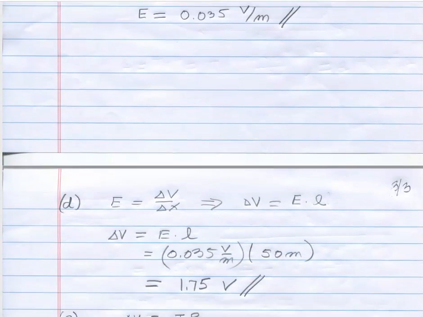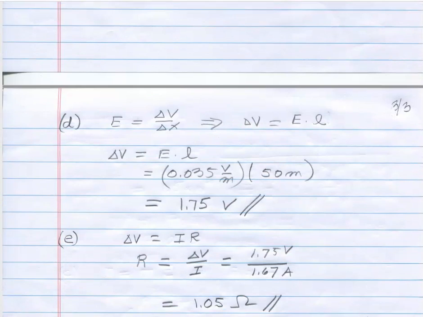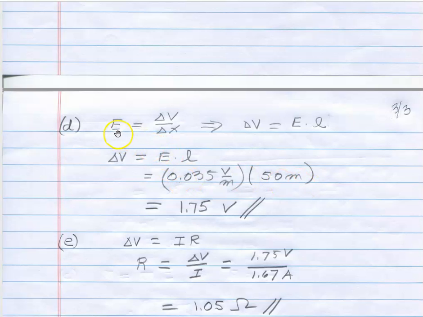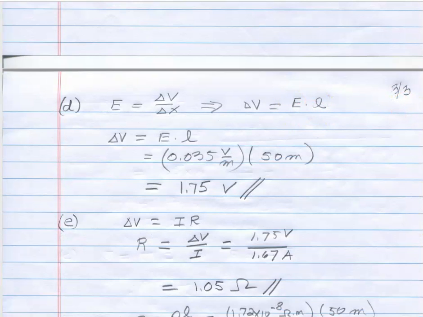Part D was find the electric field, and in magnitude anyway, the electric field is the change in potential over the change in length. Okay? And for us, the length of the wire is L, and I can solve that for delta V. The voltage difference across the distance delta x is just E times L, and sometimes that's not a bad formula to remember to begin with.